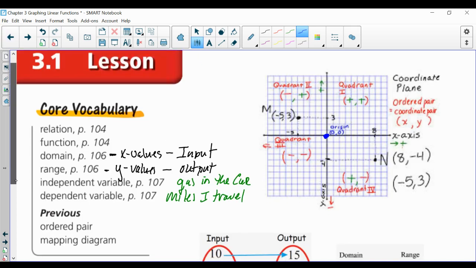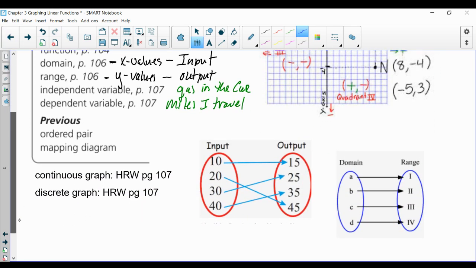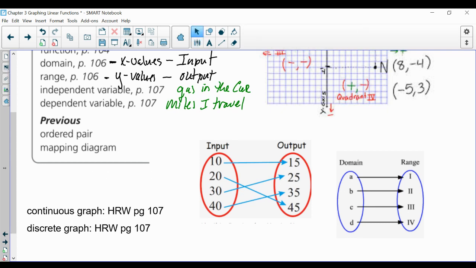All right, next thing I want to talk about is mapping. So mapping is just saying kind of what I did on the first page, where I said I have 2 and the output is 4. So here I have an input and output.